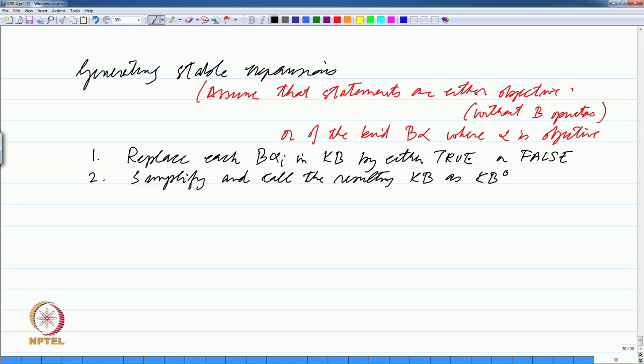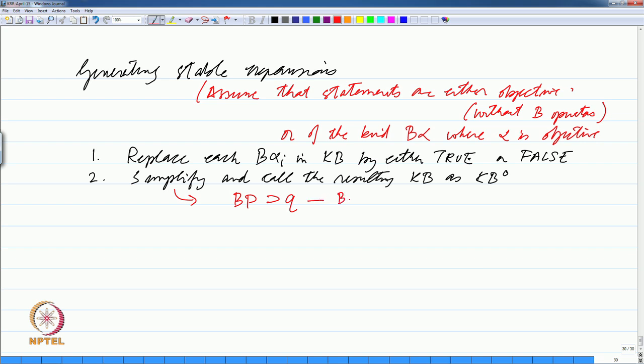So, what do we mean by simplify? It means that if you have a statement of the kind B P implies Q, then there are two cases.